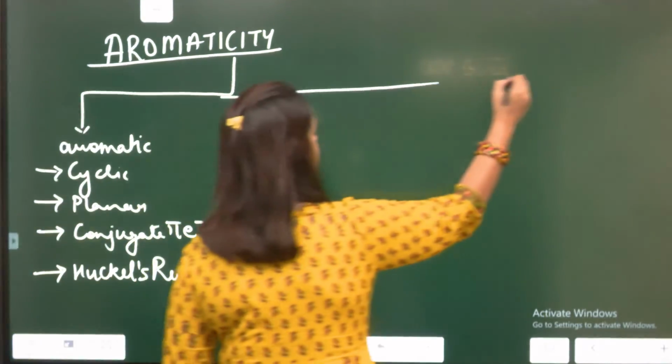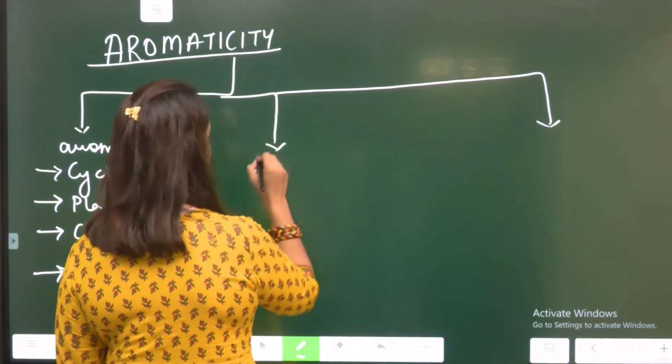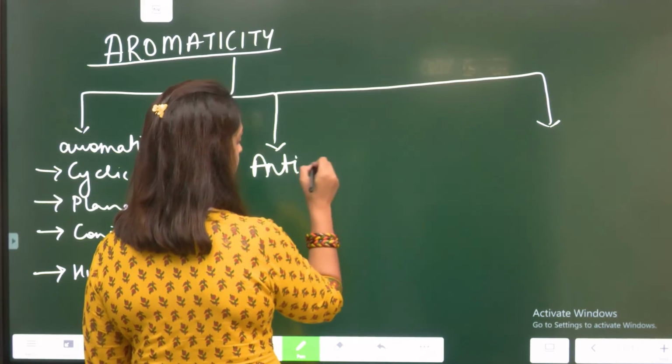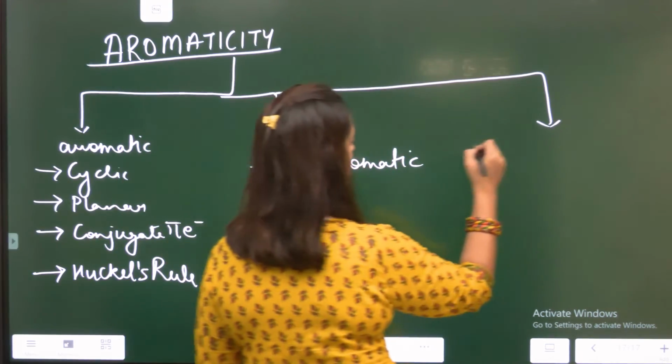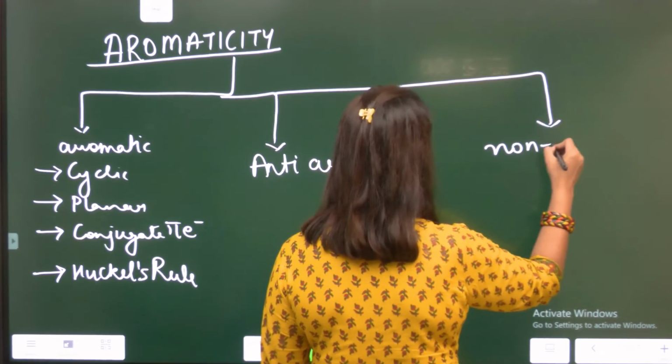Then the compound is aromatic. Otherwise, there are two more categories which are present. One is anti-aromatic and the third one is non-aromatic.